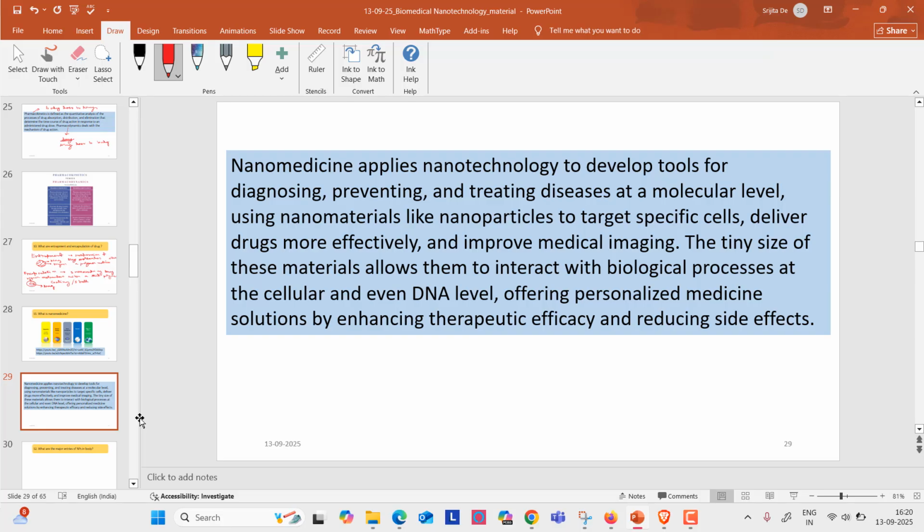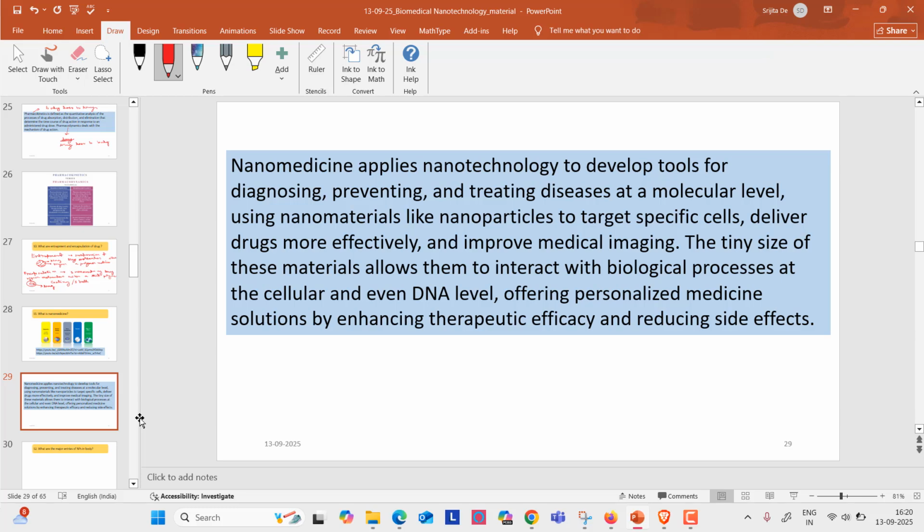Then, to observe the effect of a particular reaction with medical imaging, using small nanomaterials like quantum dots, bioimaging is possible with their fluorescent characteristics.